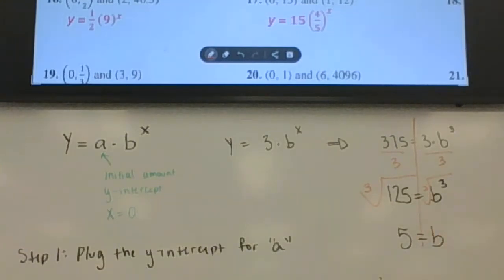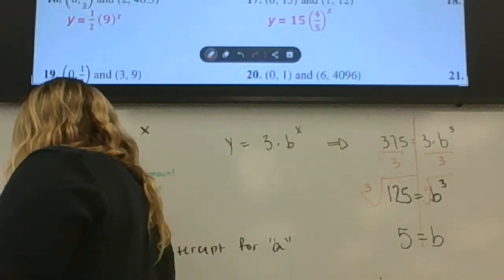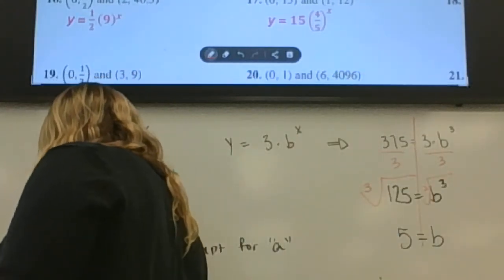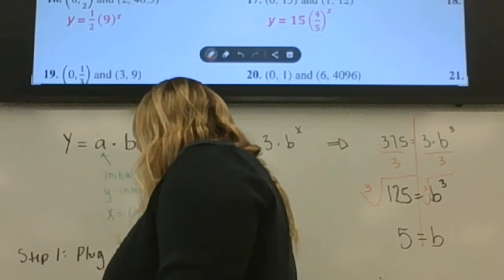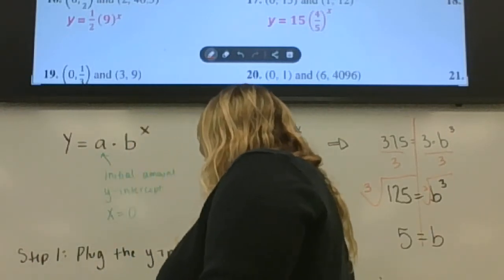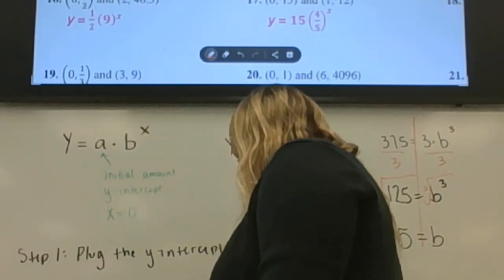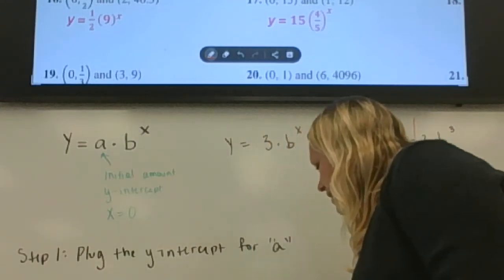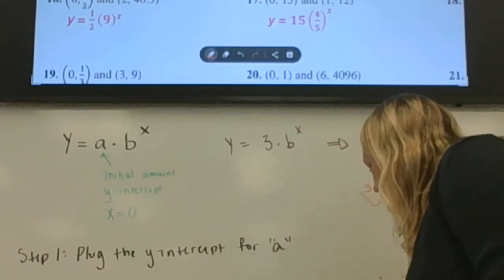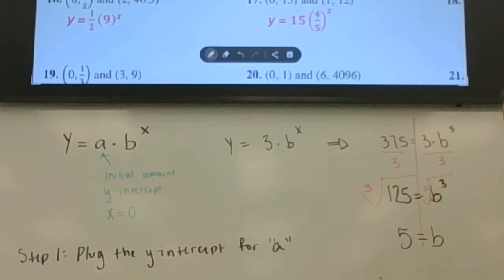And now we know the base is 5. I'll put one more step in. The directions were to write the equation. The equation has a and b. So my equation is y equals 3 times 5 to the x.